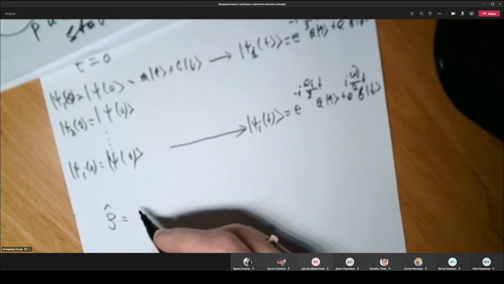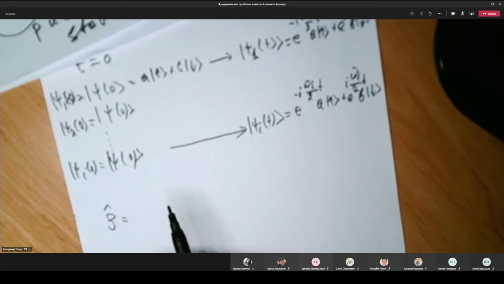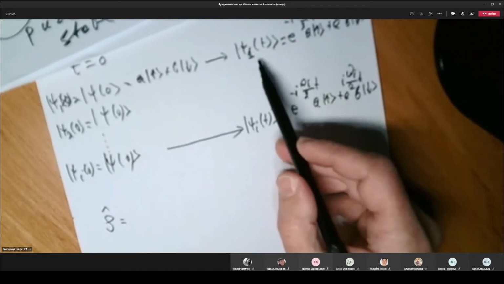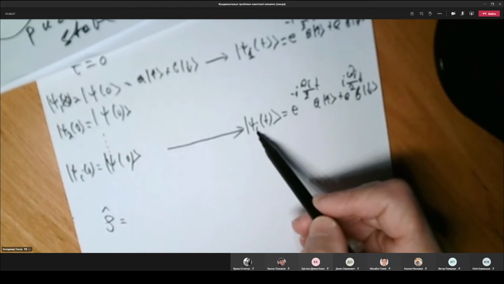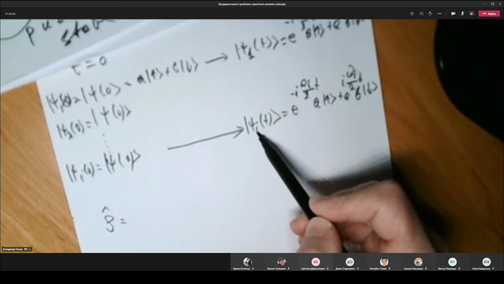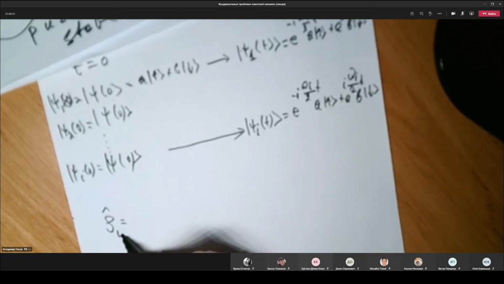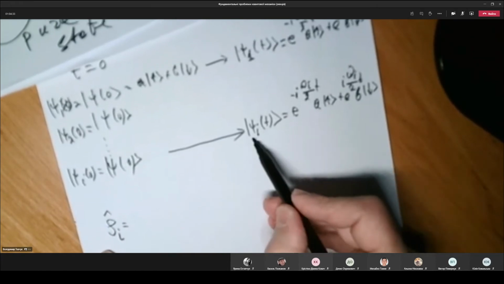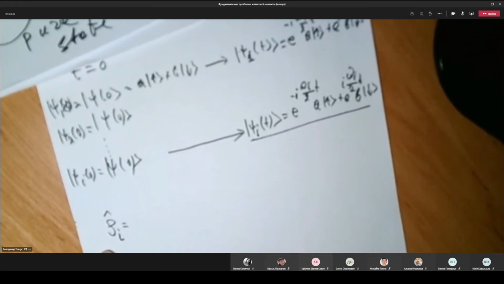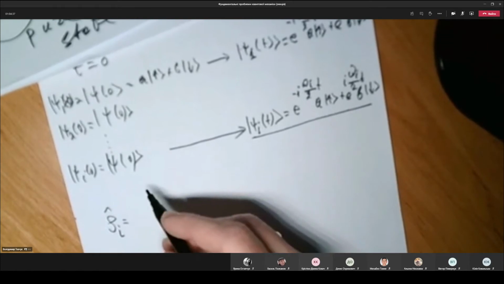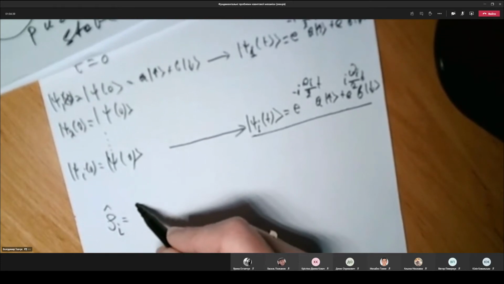It's not a problem to write. Let me write the density matrix which corresponds to spin psi i. So it is the density matrix related to the evolution of only one spin. This density matrix is the following.